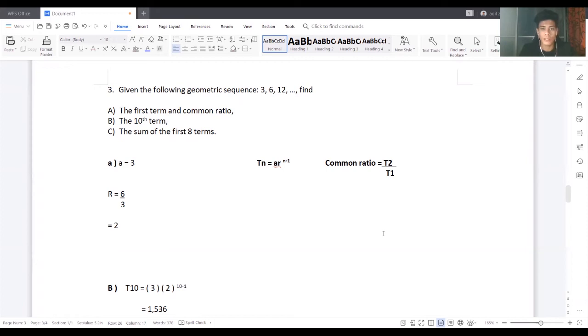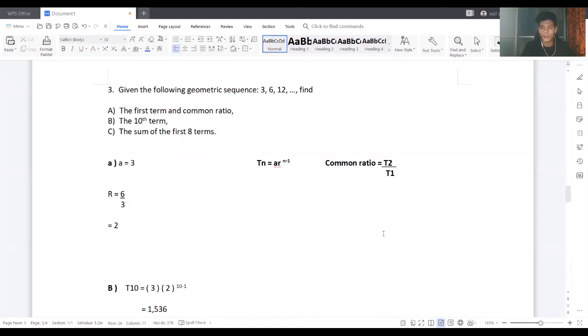The question is quite similar to arithmetic sequence, but it is a bit different. It is going to be different in terms of formula. As you can see, the third formula for each sequence, arithmetic and geometric, is different.